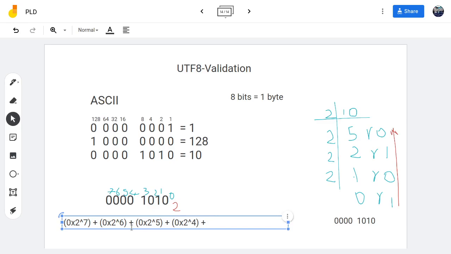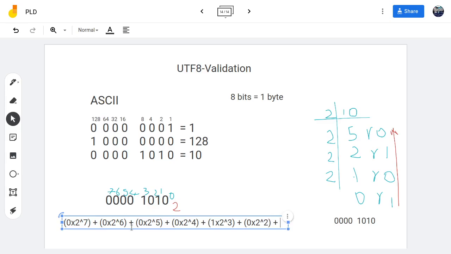Then the first significant number is 1, so let me place the 1 raised to its power. And then we have 0 times 2 raised to power 2, and then we have 1 again.